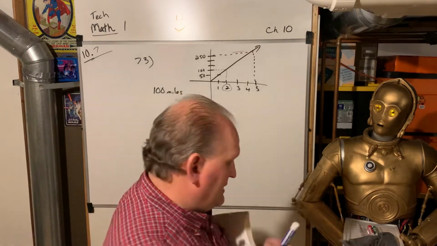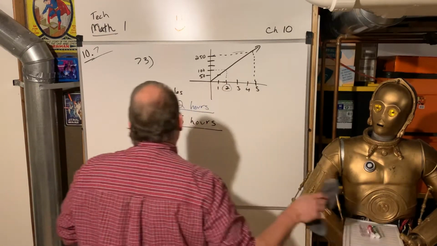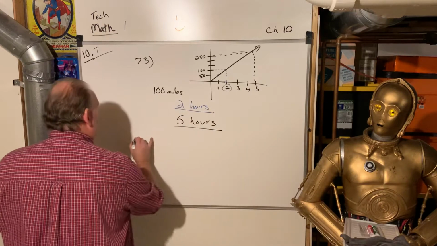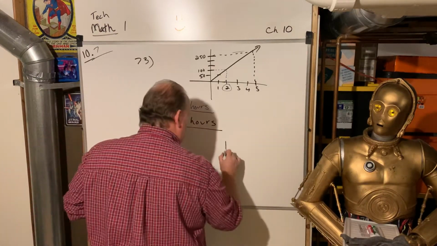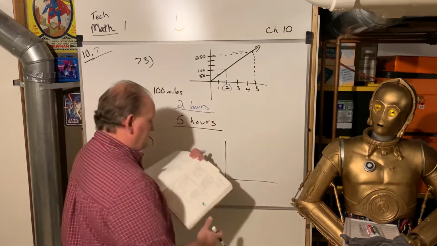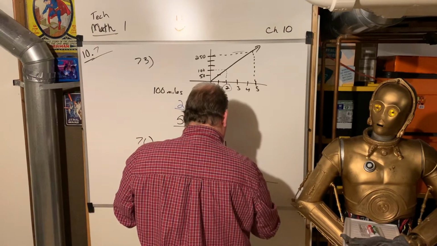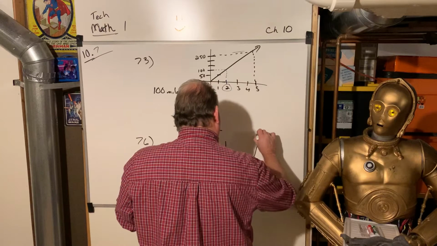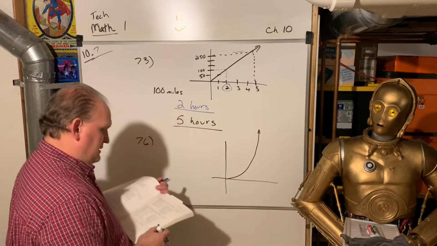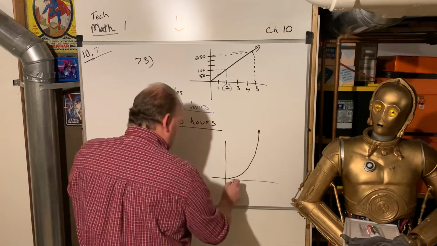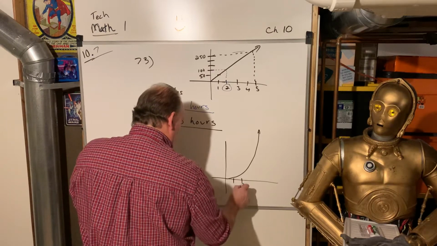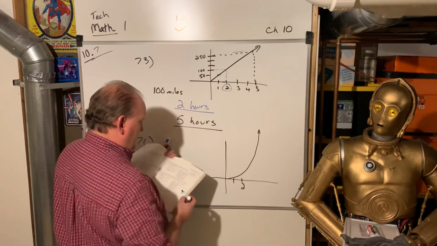Now, if you look at 76, they're doing a similar thing. Here, I'll just squeeze it in here. 76, but this time they've got the positive half of a parabola. All right, and so where this is 2, that is 20.